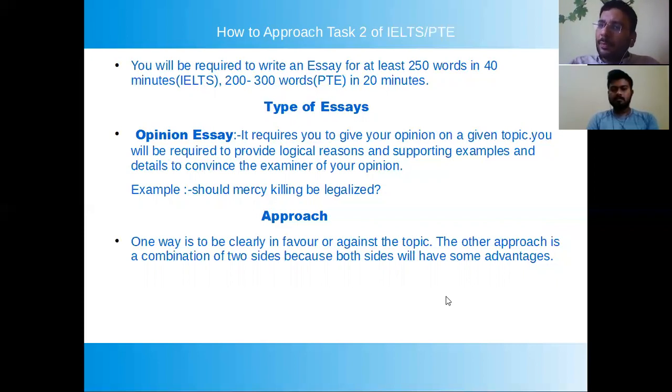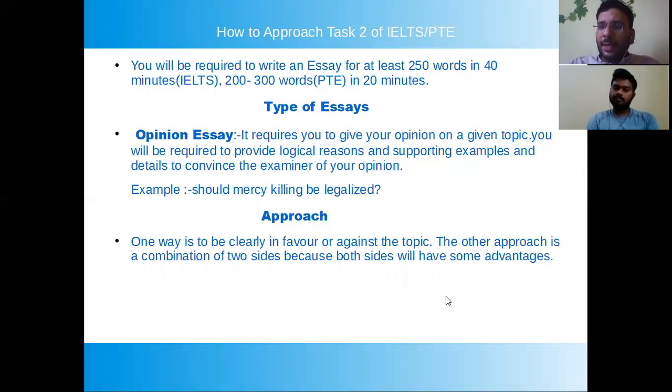So your opinion has to be very explicit. He will be looking for that, right? You have to clearly specify, "I strongly believe global warming has a lot of negative effects." So use phrases and words which convey your opinion. That's mandatory in an opinion essay, right?